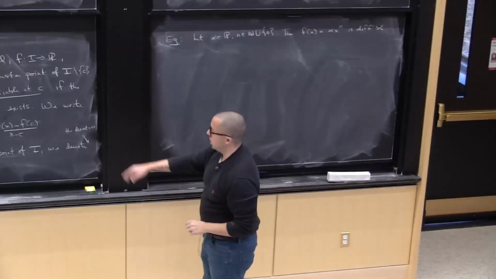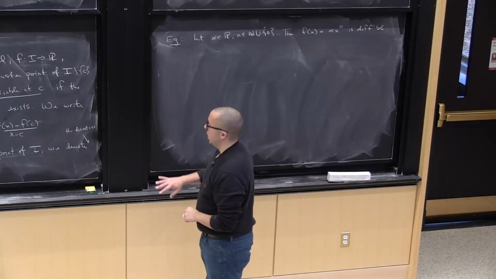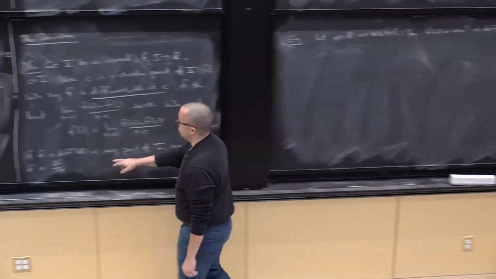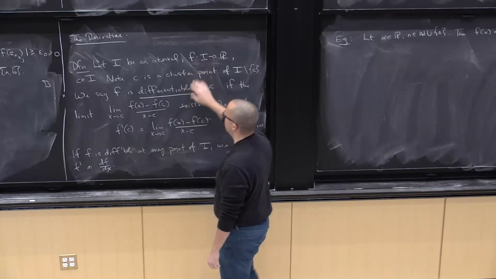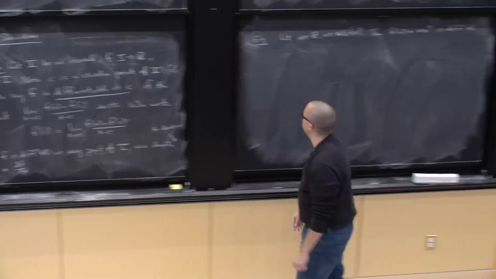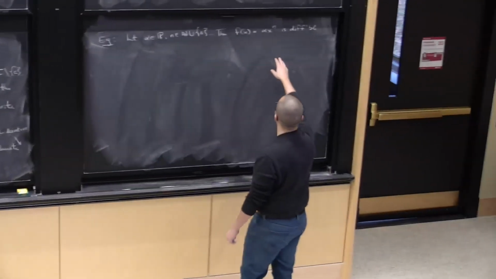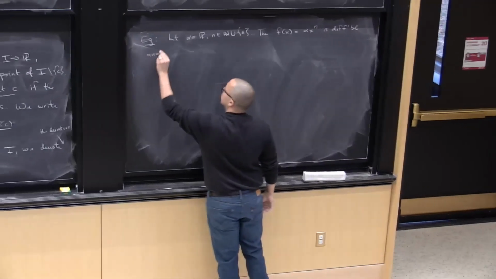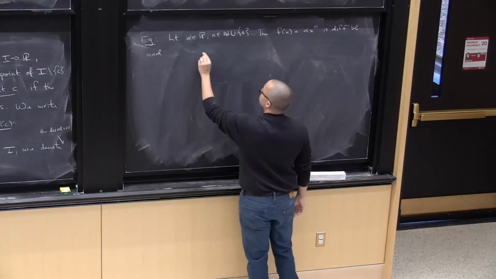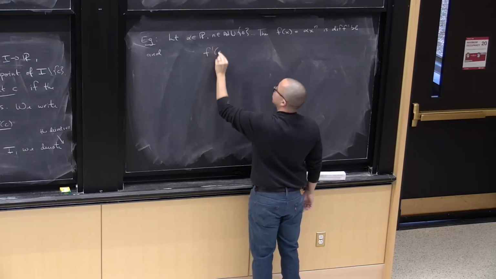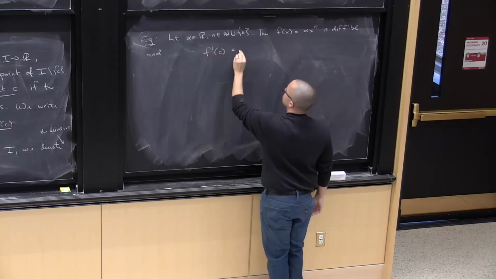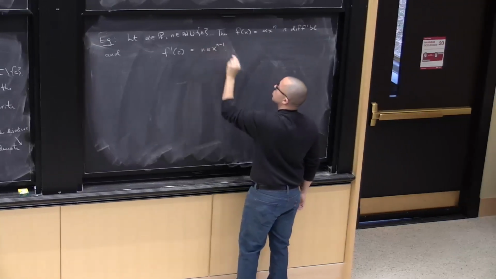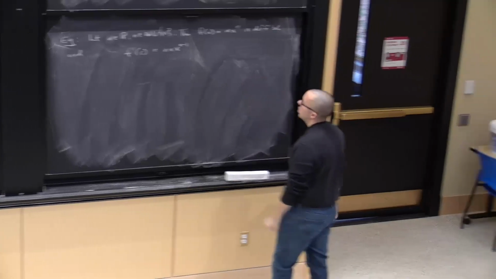I should have said here as well, if a function is differentiable at every point in its domain I, then we just say the function is differentiable. So this monomial is differentiable, and for all c, f prime of c equals n times alpha times c to the n minus 1.